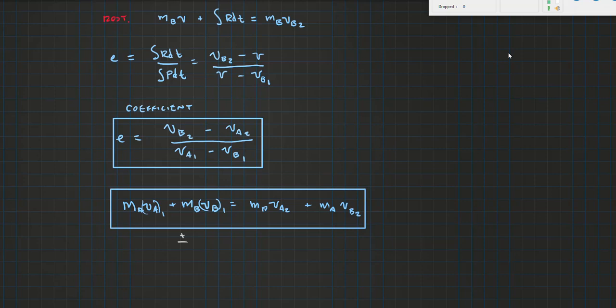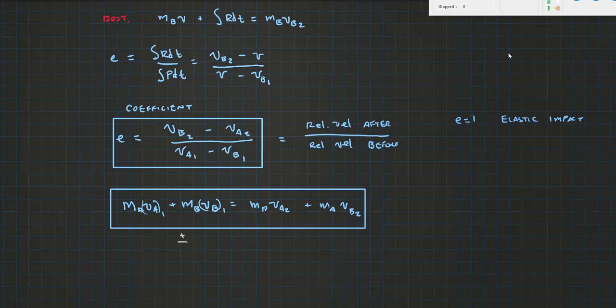So the coefficient of restitution can be described as the relative velocity after the impact divided by the relative velocity before the impact. And when you have E equals 1, you have a completely elastic impact, so no energy is lost.